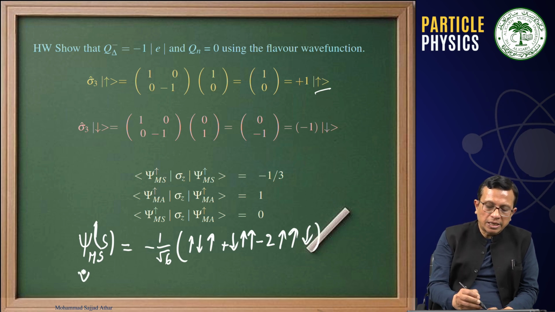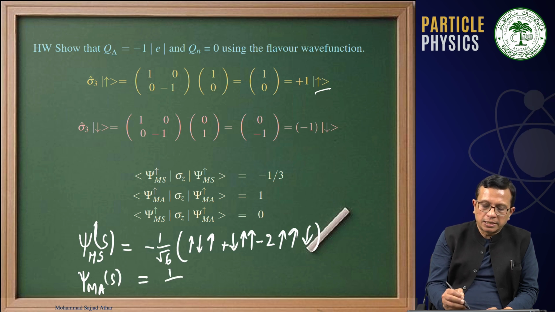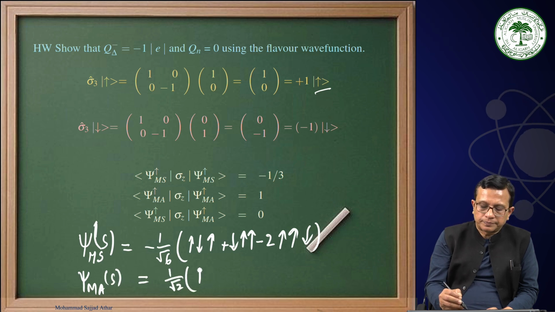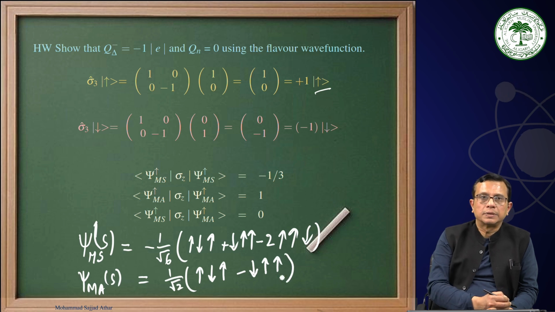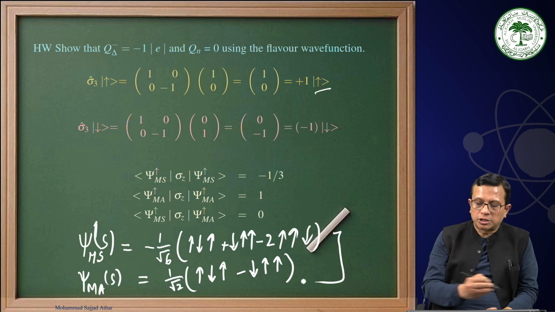Or we talk about the antisymmetric part for spin half object, 1 by root 2, up, down, up, minus down, up, up. Therefore, these are the 2 possibilities.